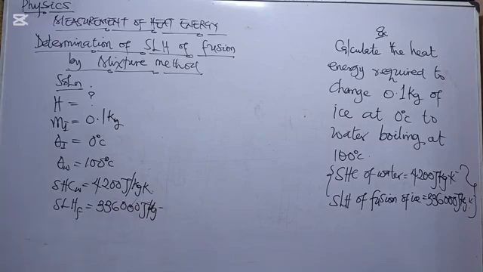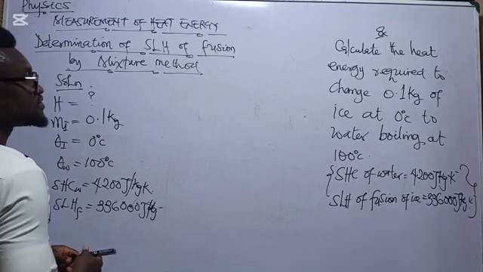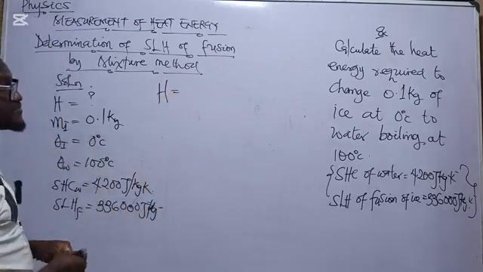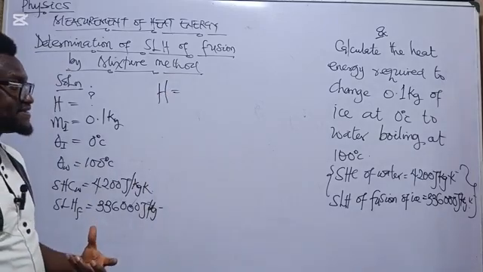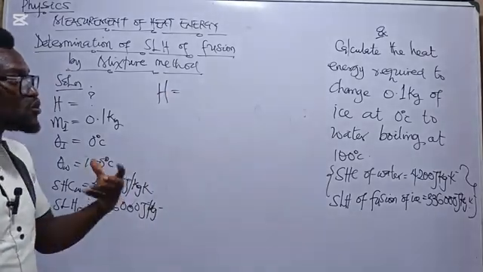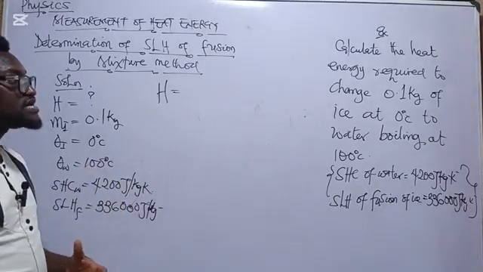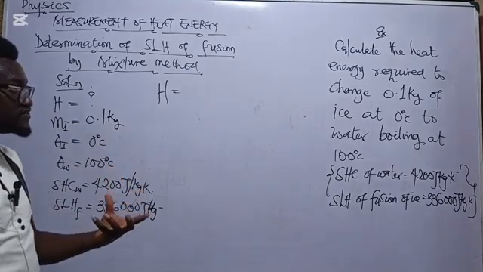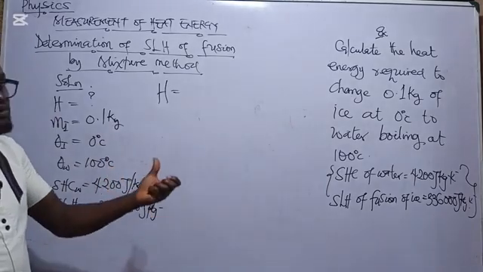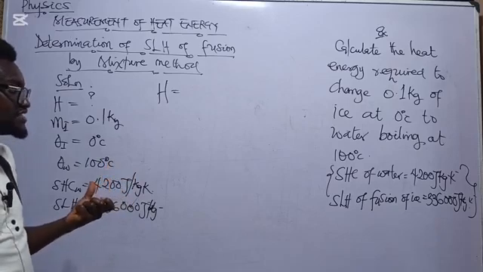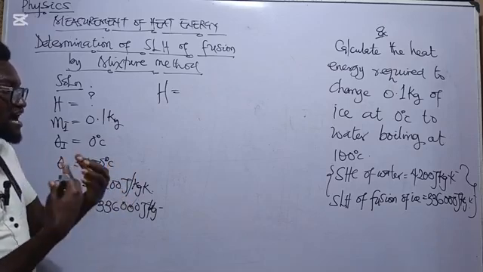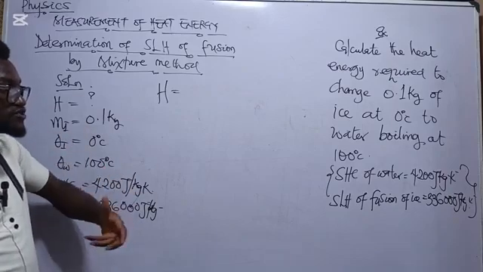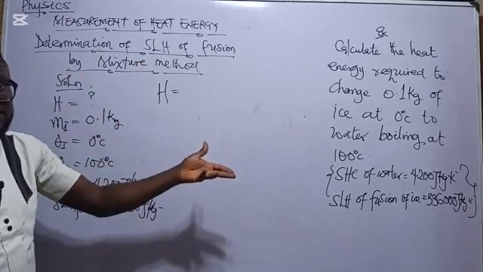So at this very point, in order to get the heat, now look at what to look into. We have an ice of 0.1 kilogram. Now, for this very ice to melt at 0 degrees Celsius, it has to absorb a hidden heat, which is the latent heat. After it must have melted at that fixed temperature, now the temperature has to be raised to 100 degrees Celsius.